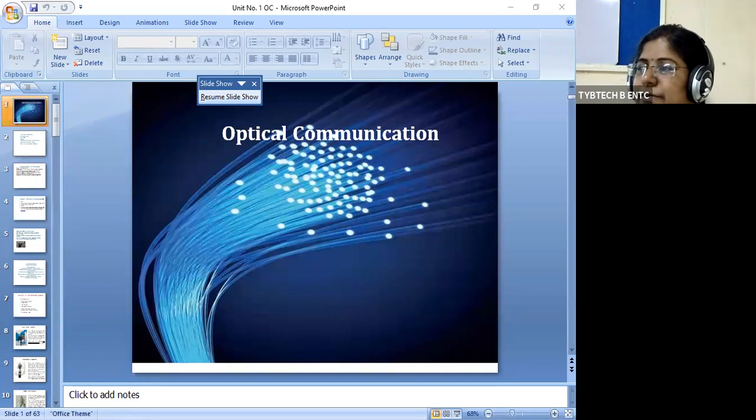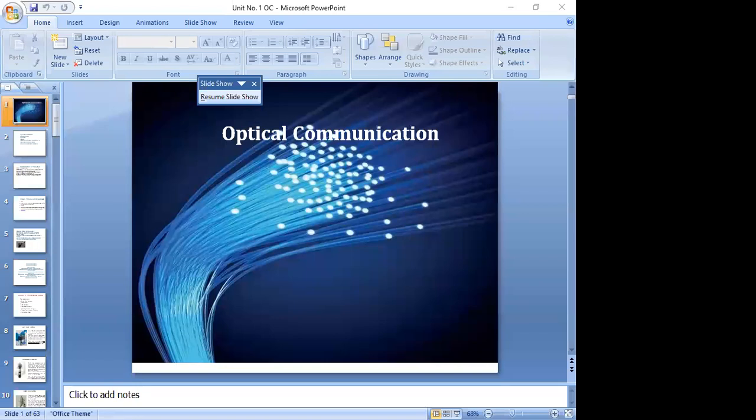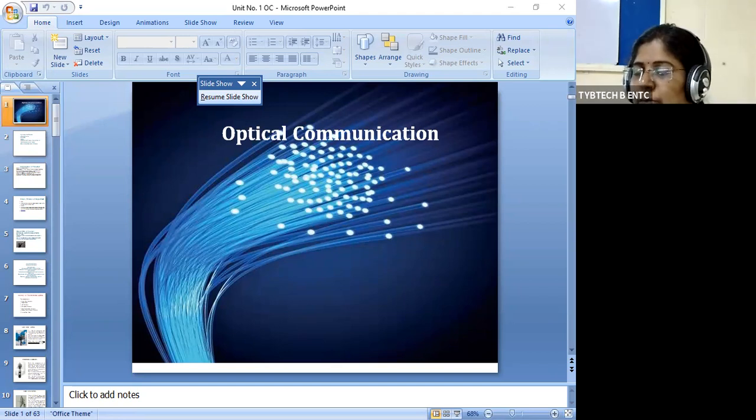Then second, speed is more. Then it transmits a massive amount of information at one time. What do you mean by that massive information? Can you tell?